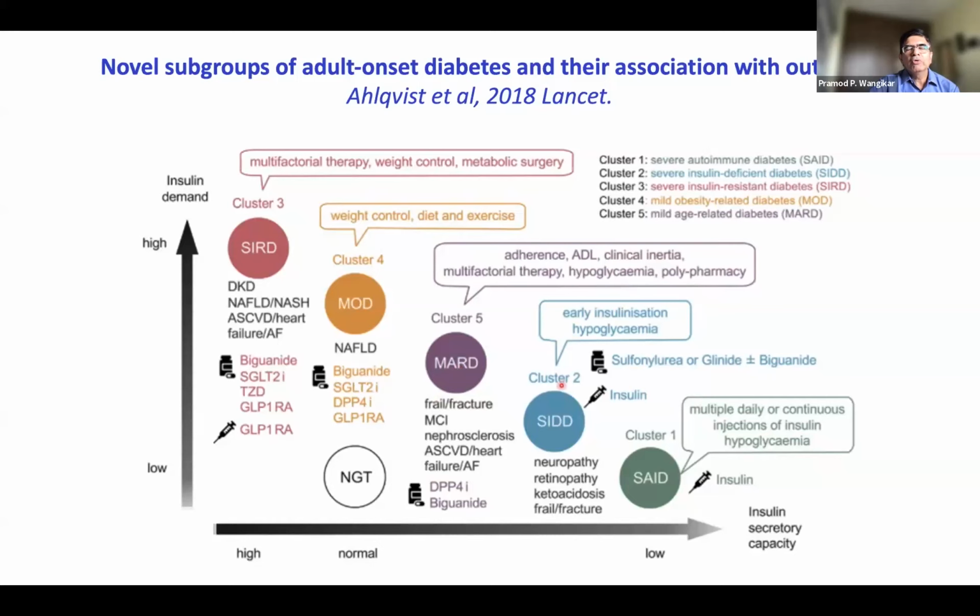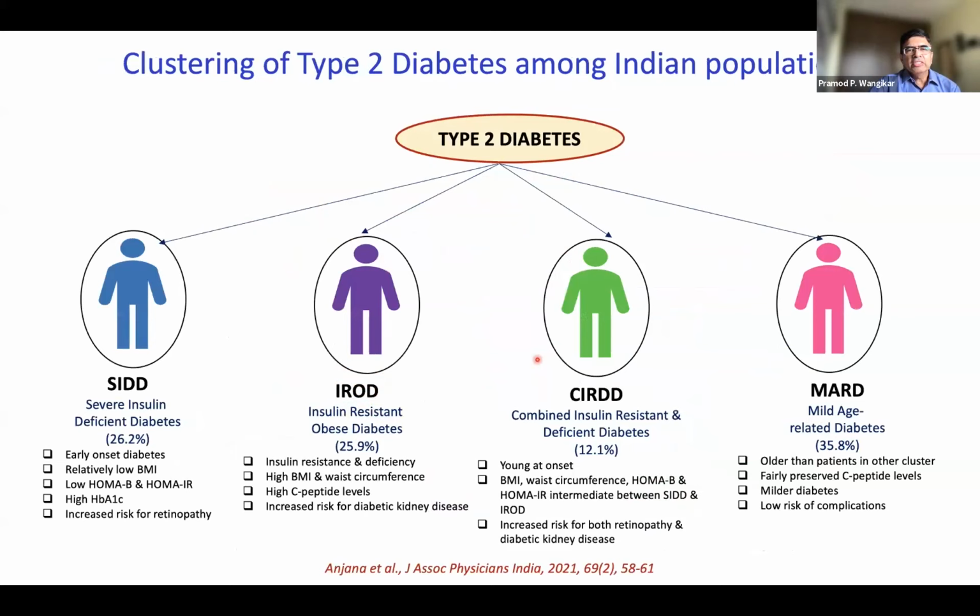Therefore, diabetologists have now started to recognize these clusters and determine the therapies based on the clusters. This is an Indian study, a recent publication from an Indian group, where type 2 diabetes has again been broken into 4 subtypes.